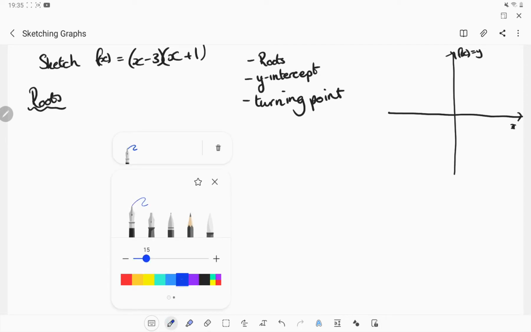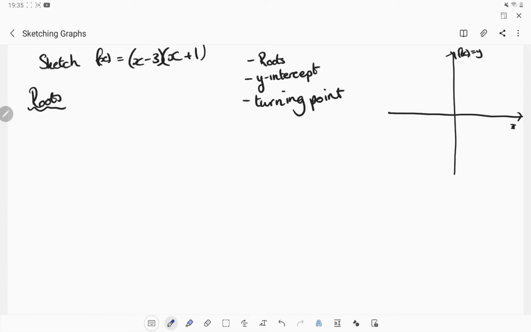So the roots, how do we do that? Well, you make it equal to 0, you factorize, you split, and you solve.